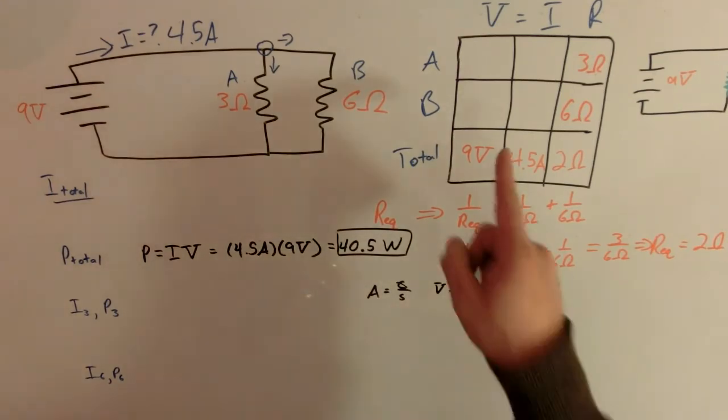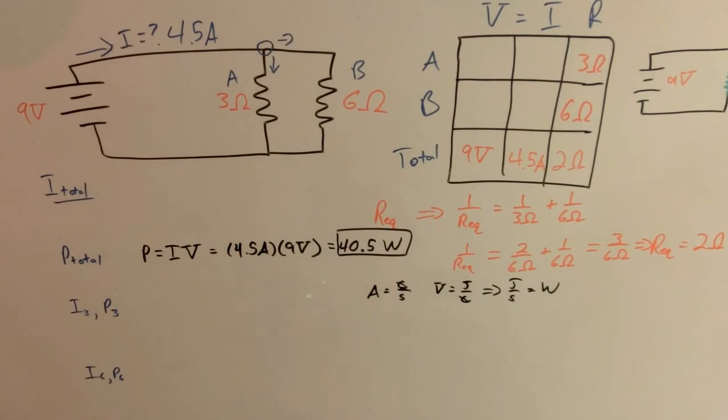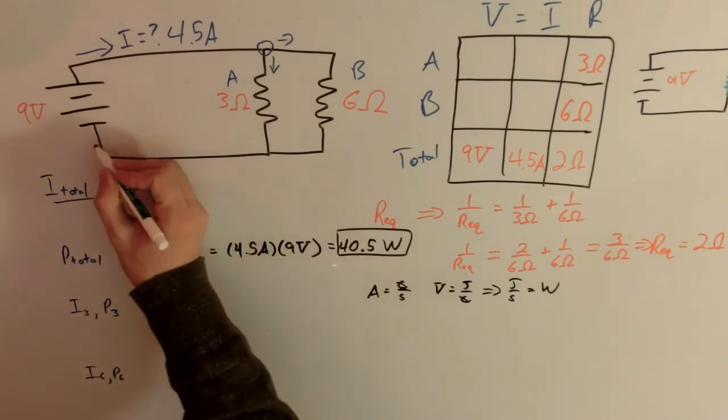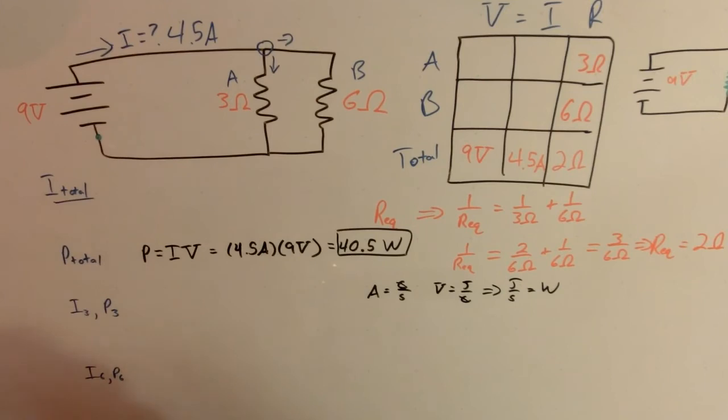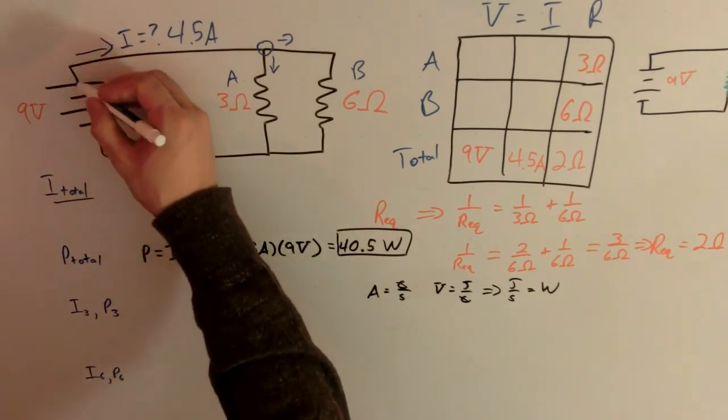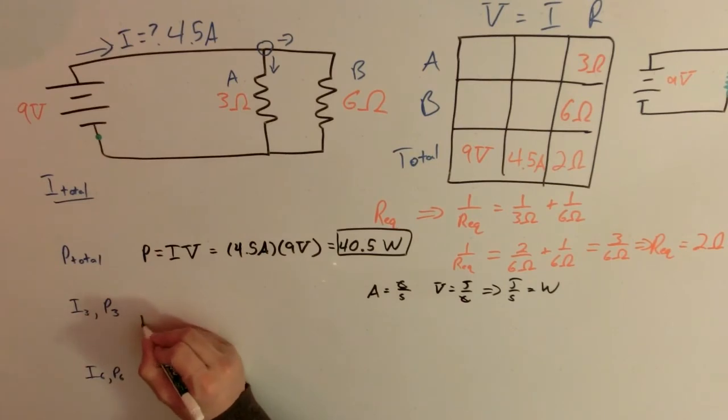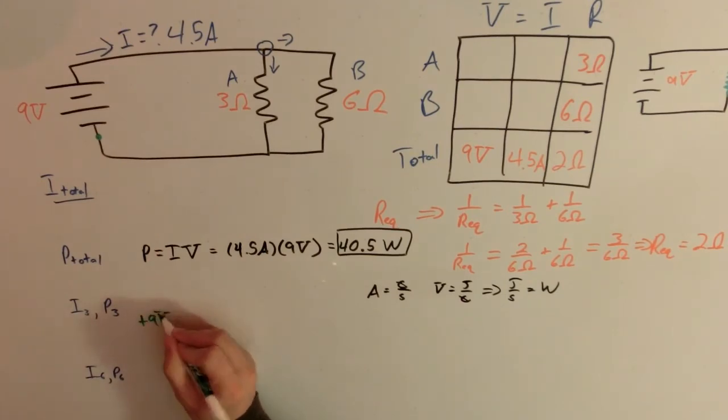Let's try the other one. Let's try voltage, our loop rule, right? For the loop rule, on a closed loop, anywhere in our circuit, if we start from one spot, let's start here, right before the battery. If I go around it, I go through my battery, and my battery gives me plus 9 volts.